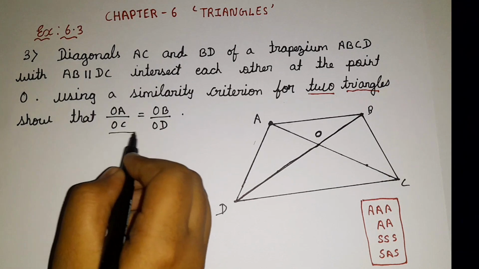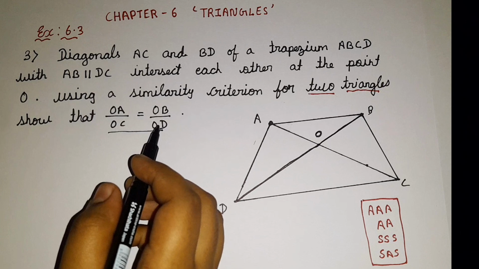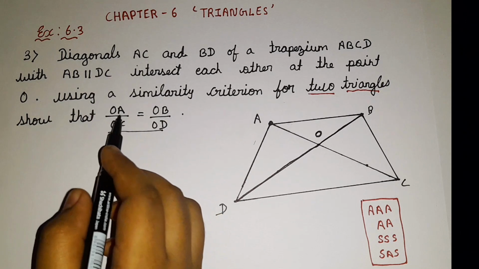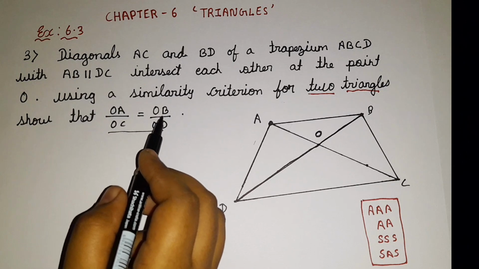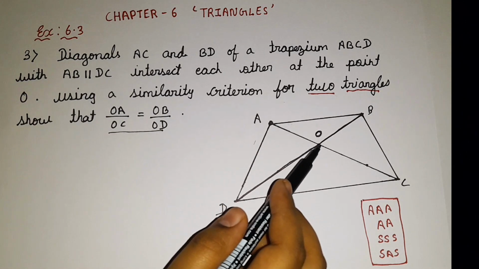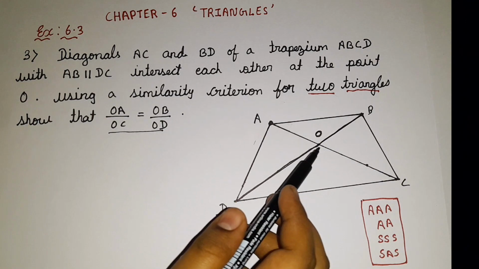First compare it with the question, and only then decide which triangles you are supposed to take. OA by OC is equal to OB by OD. When we compare it to the triangles, they are lying on these two triangles. That's why I took these two triangles.